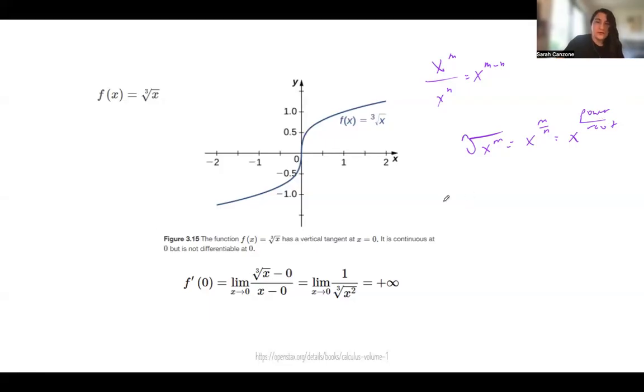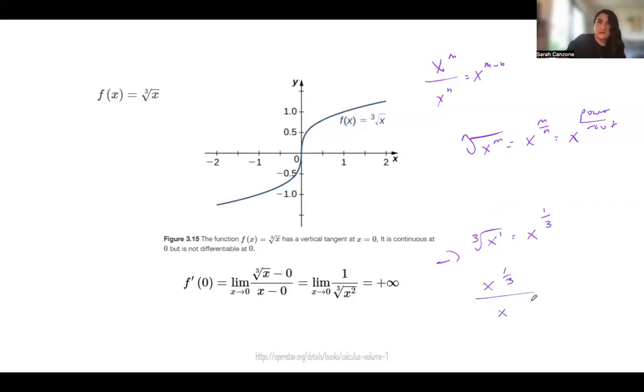So what you would do here, I'm just going to rewrite it off to the side, is rewrite the cube root of x. First, we have to consider what is the power. Well, if we don't see a number, it's immediately a 1. And so to rewrite as a fractional exponent, this is x to the power, which is 1, over the root, which is 3. So now we have x to the 1/3 divided by x.